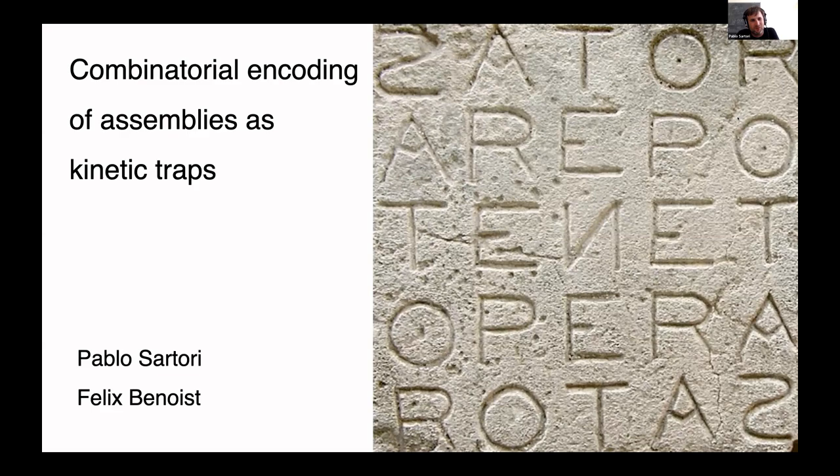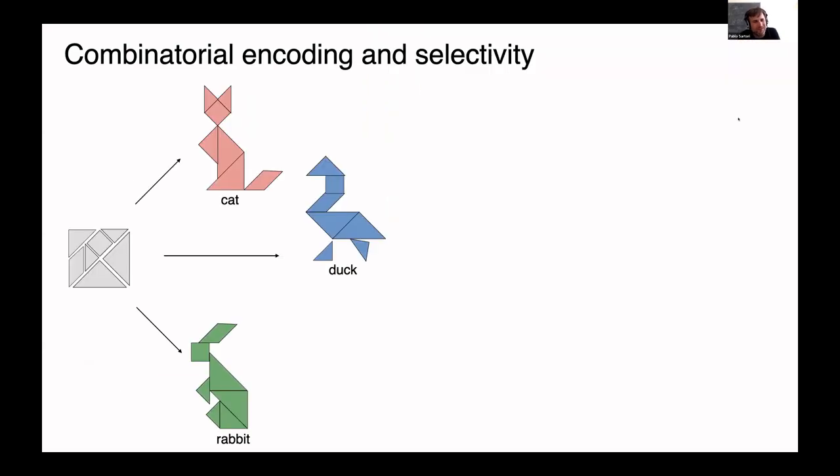But perhaps a more pertinent example, still a bit playful, has to do with the game of Tangram. Right, so when you play the game of Tangram, I think probably most of you have played it. It's a game you play with 7 pieces, with 7 shapes, and the fun of the game is trying to combinatorially arrange these pieces such that you can construct different shapes to which you give some semantic meaning.